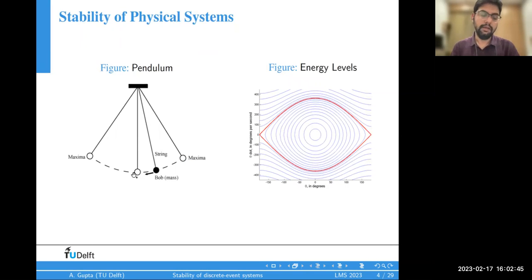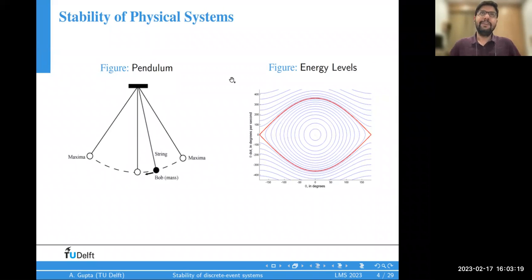So we inject energy into the system, and it goes to a higher energy state somewhere. And because the system dissipates energy, so that is the idea of stability here, the energy will eventually decrease and the system will come to an equilibrium that for this case is the lowest energy state.